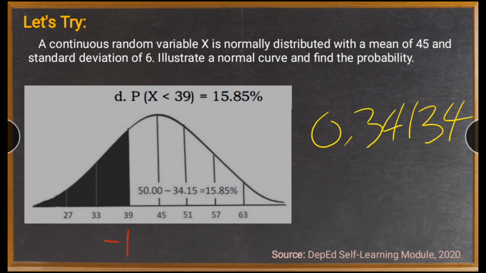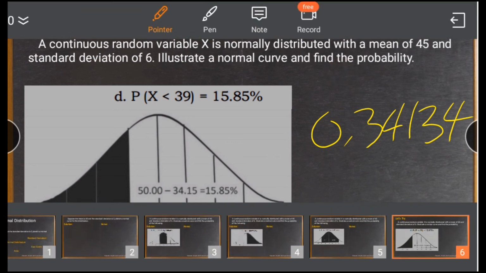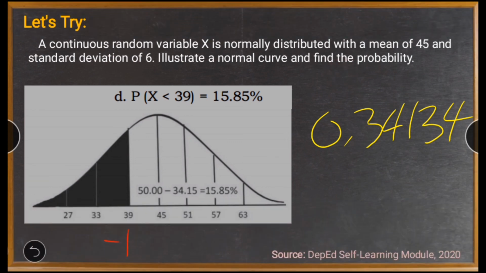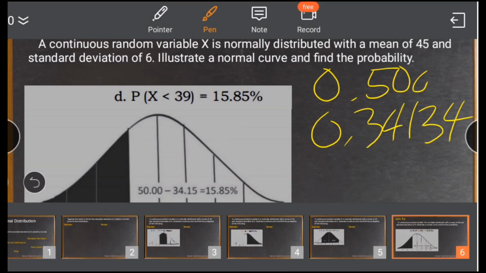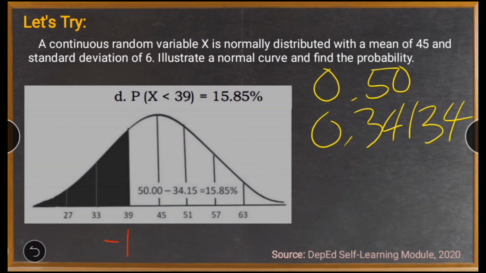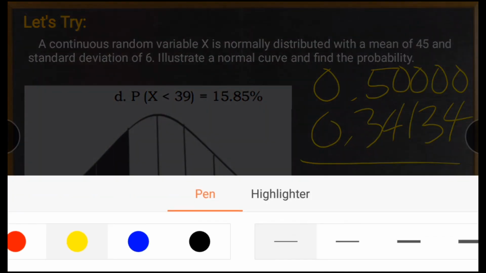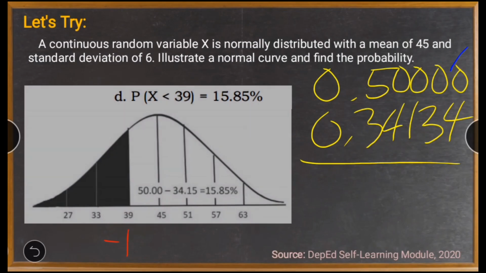So we will do that one. We will convert first. 0.5000, 000. This is 10. We will use a different color. So this becomes 10. 9994.